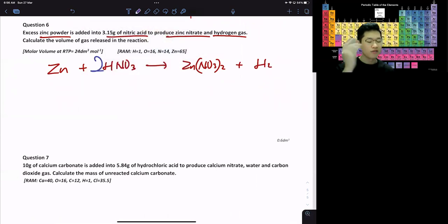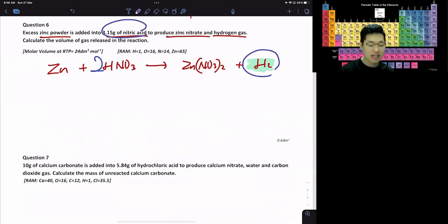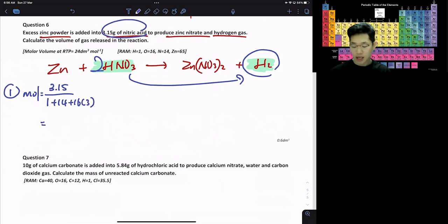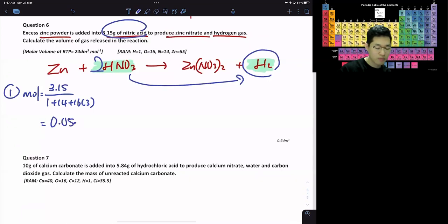Next, calculate the volume of gas released. The gas released is hydrogen, and the number given is for nitric acid. So first start from nitric acid. You are given mass, so use mole equals mass over molar mass. HNO3, to get 0.05 mole.